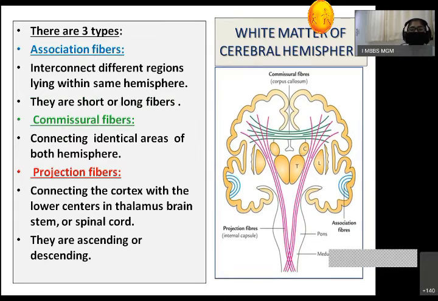They may connect distant gyri or adjacent gyri within the same cerebral hemisphere, so depending upon this, there are two types, short and long fibers. Commissural fibers connect the identical areas of the two cerebral hemispheres. Projection fibers connect the cortex with subcortical areas, such as the thalamus, brainstem or spinal cord, and contain ascending and descending fibers.